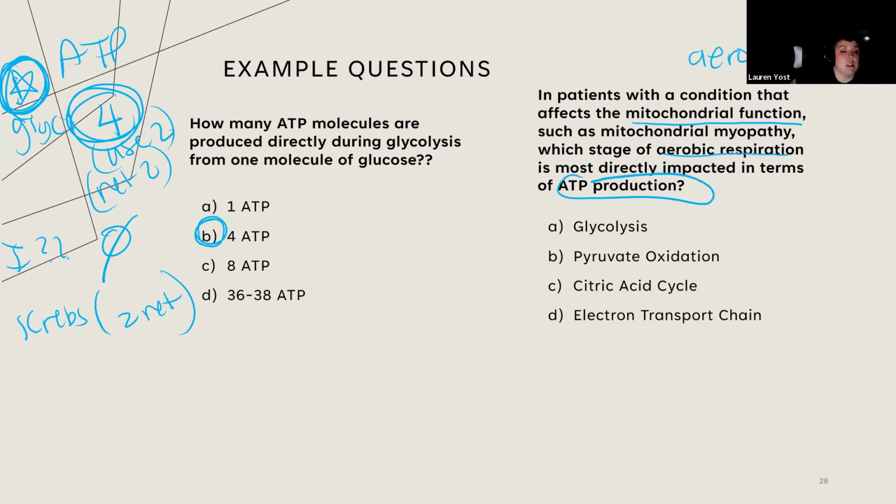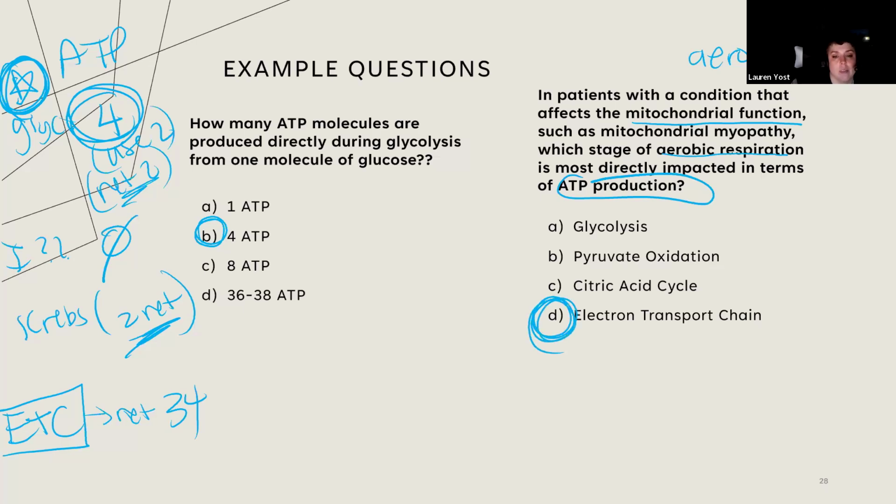All right, so we made it through these. This is like 2 net for the entire glucose molecule, right? For an electron transport chain, your net will be about 34 ATP. So which one makes the most, do you think? Which one's going to be most impacted?